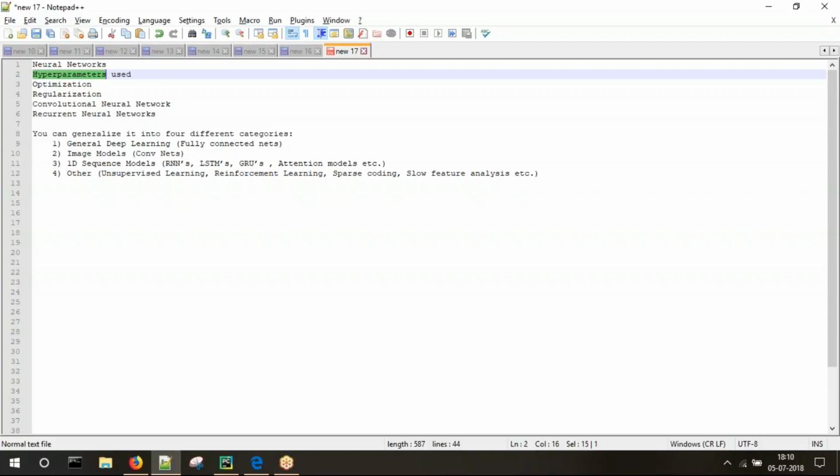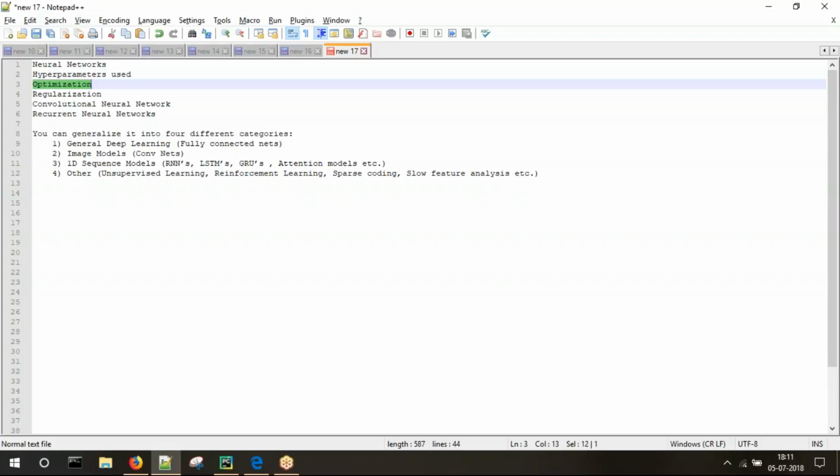Also, if you're applying for a job in machine learning, I think hyperparameters is something that people really ask questions about, and it is good to know the subtle nuances that can happen in your code just by changing your hyperparameters a bit.